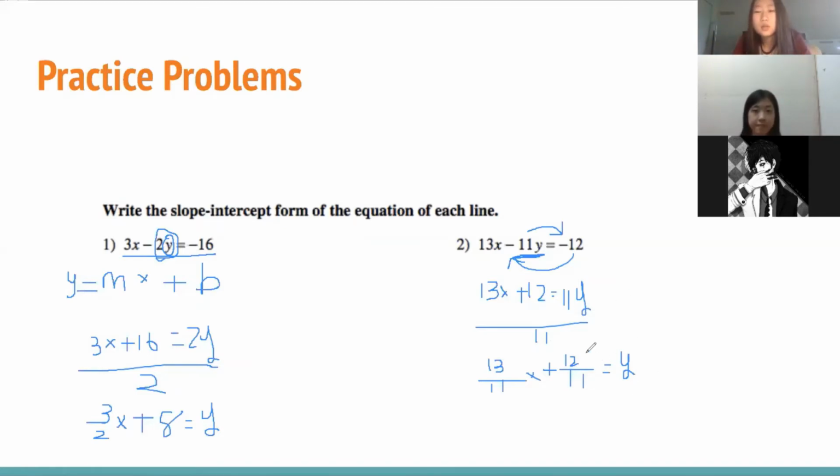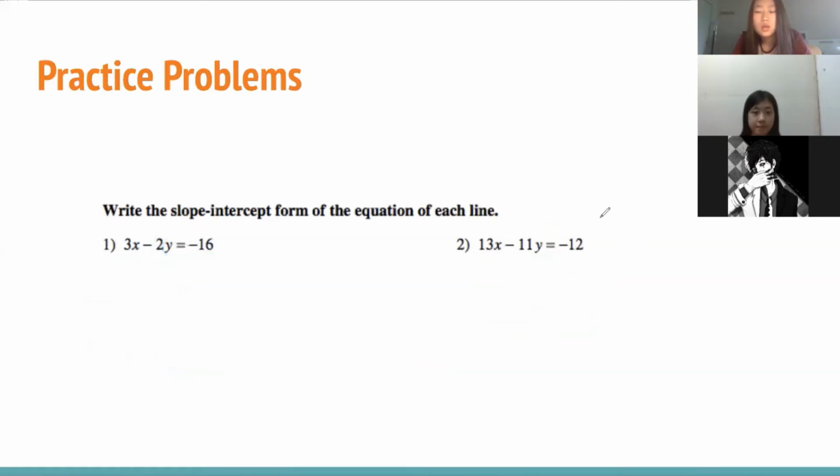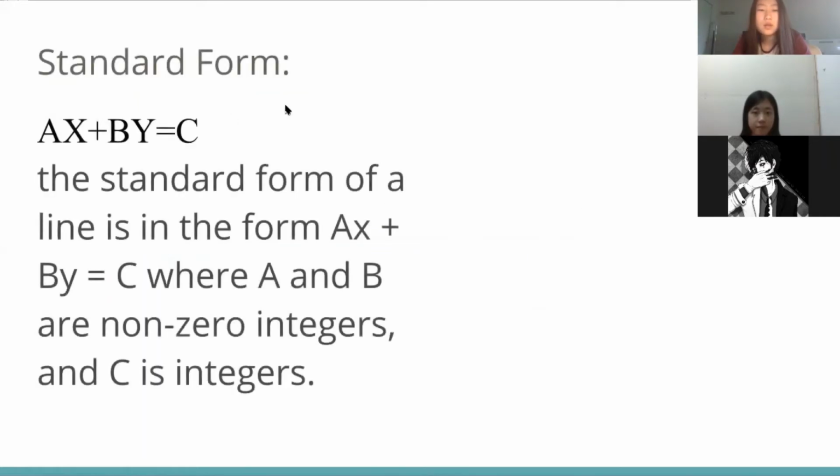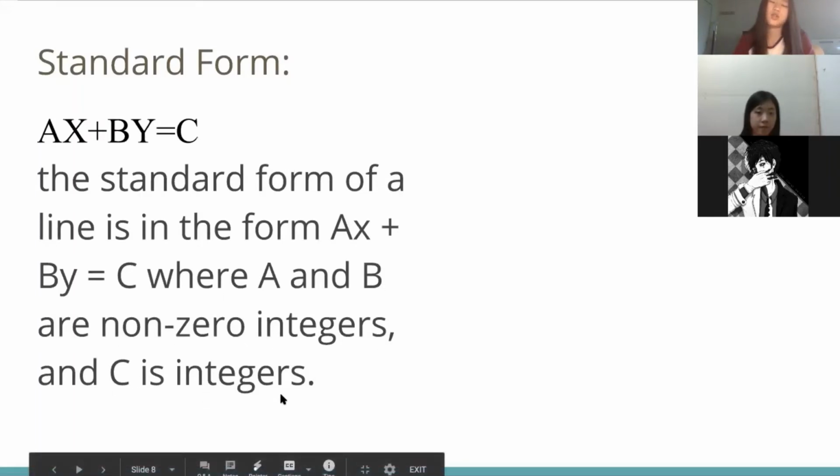And next, we're going to go to standard form. Okay, so standard form is ax plus by equals c. So it's similar to the other one, but different. The standard form of a line is ax plus by equals c, where a and b are non-zero integers and c is an integer.